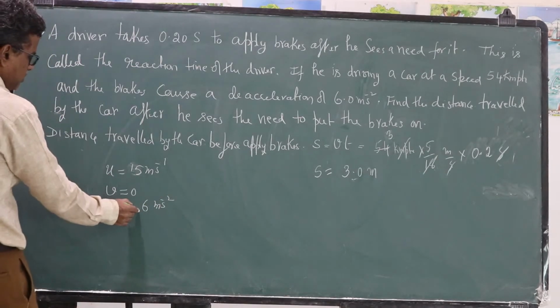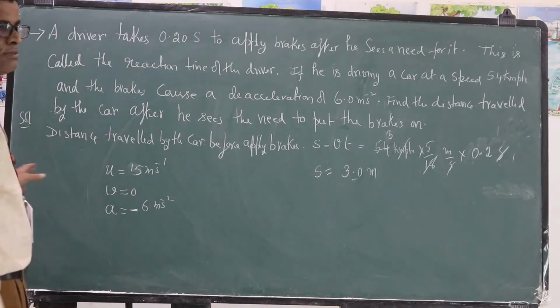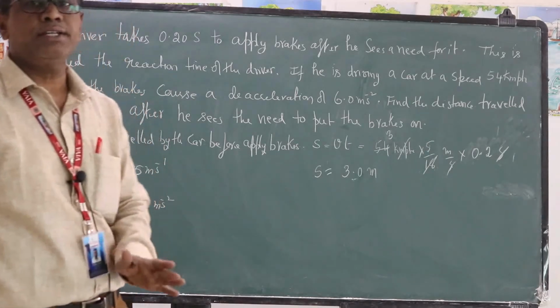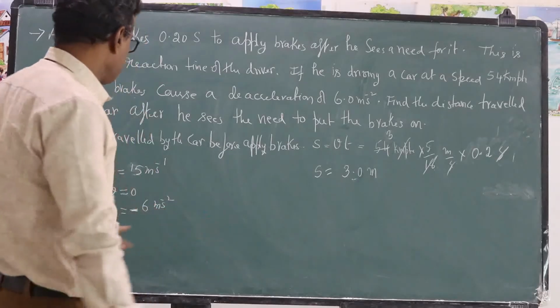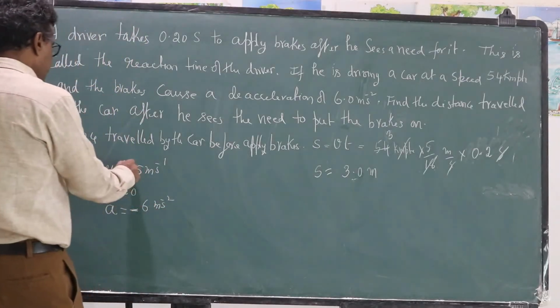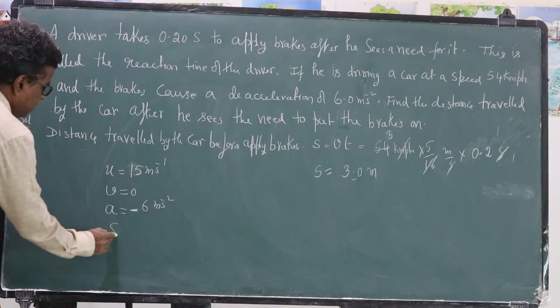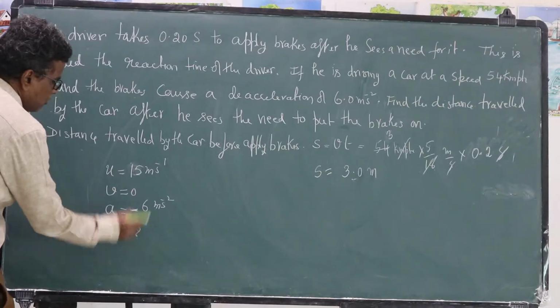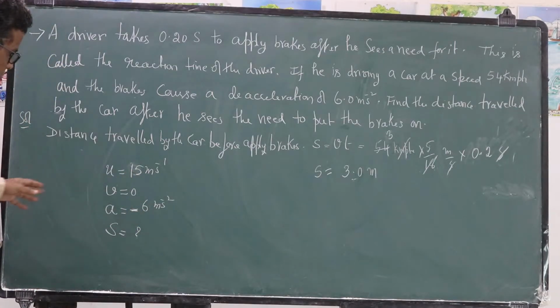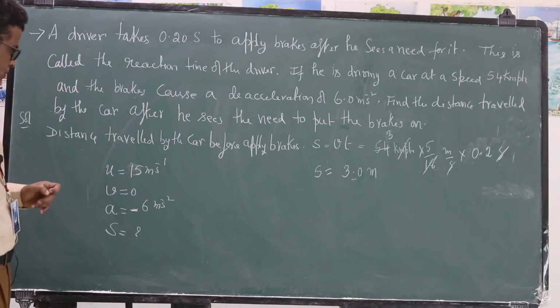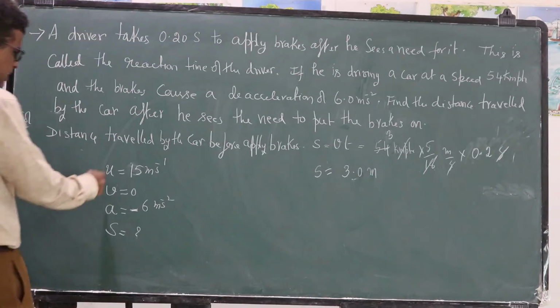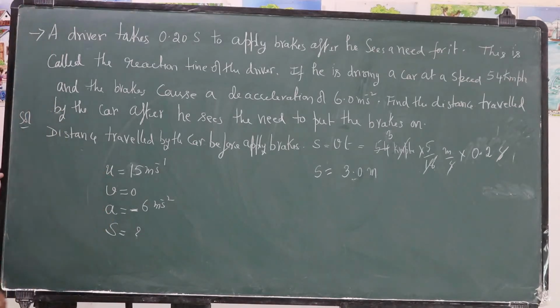Deceleration means negative acceleration, so the speed of the car gradually decreases and finally comes to rest. How much distance is traveled during this time?